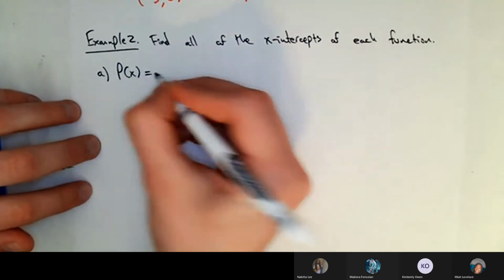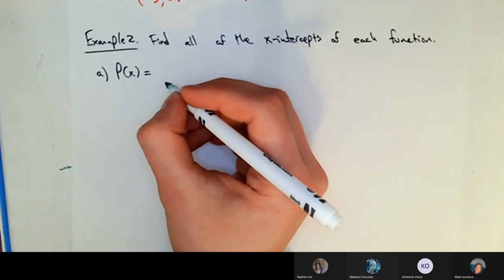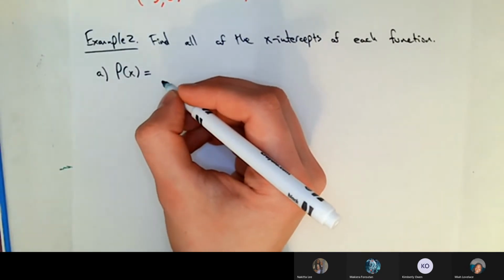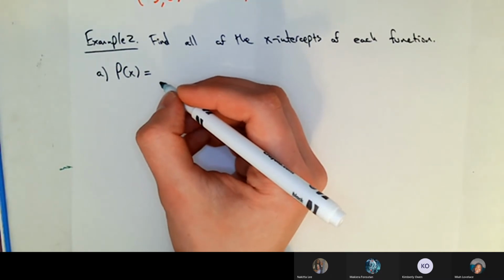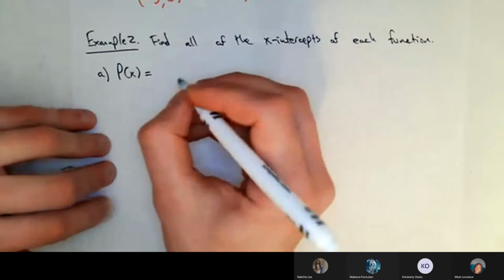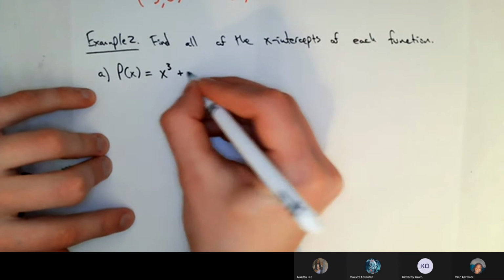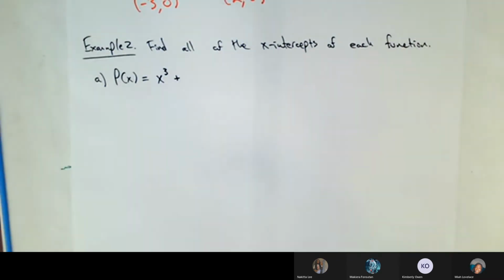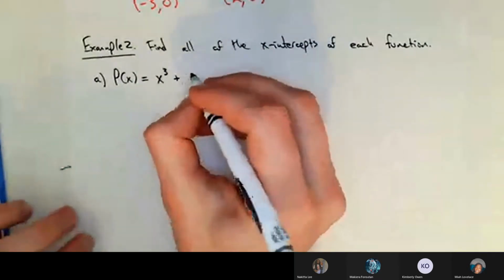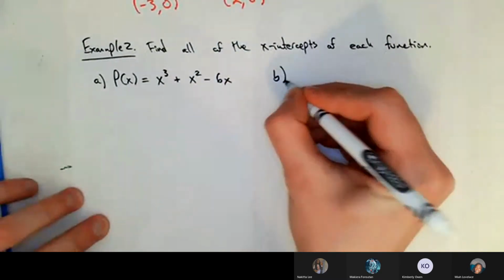All right. Say p of x equals, let me look at those. Where are those problems I gave before? No, that's a bad one. No, that's a bad one. Okay, they're all bad. Okay, let me make one up then. Let's say x cubed plus x squared minus 6x. There's one.